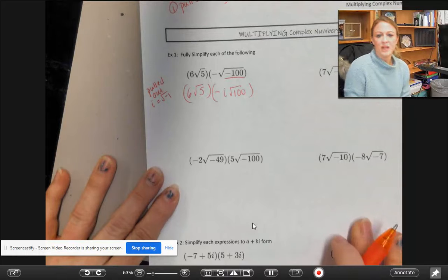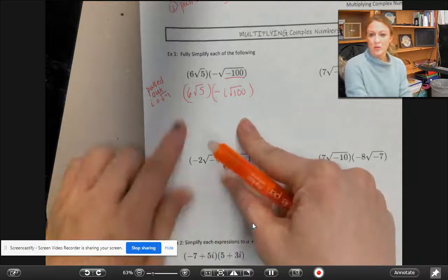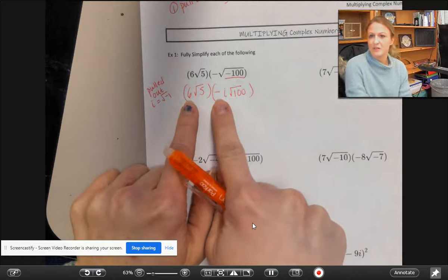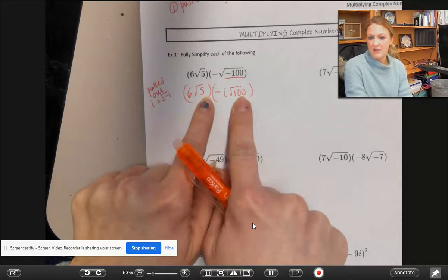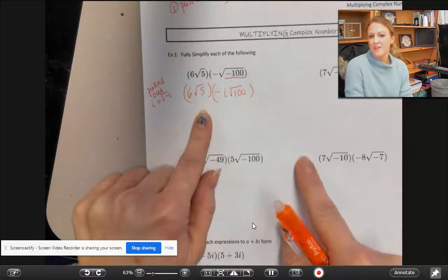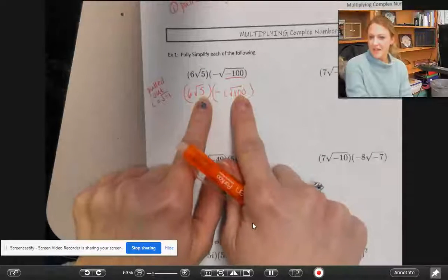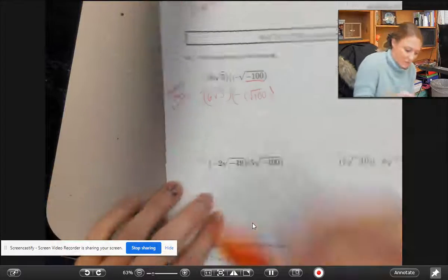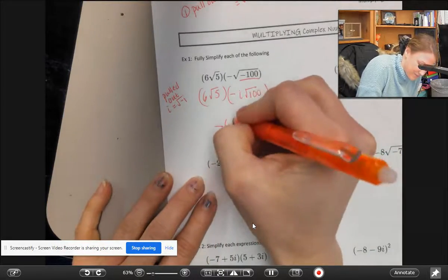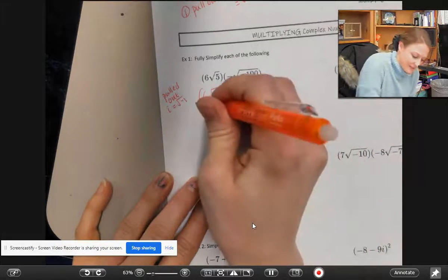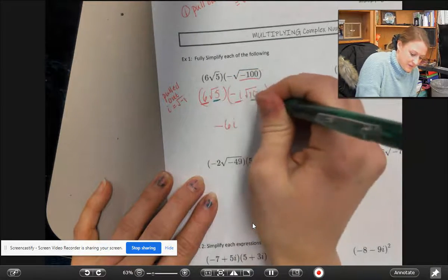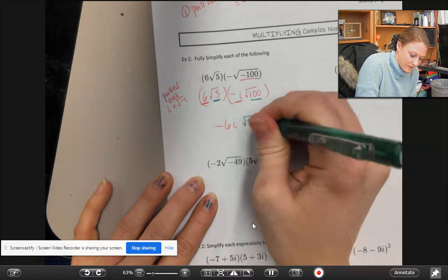Okay. And now what we're going to do is multiply. When we learn to multiply, you multiply the big numbers times the big numbers, those numbers that are out in front of your radical sign, and then radicals times radicals, and then you simplify after, because if you birthday cake them now, then multiply, you might have to birthday cake again. So what we have is -6i, this piece times this piece, and then we're going to multiply this piece times this piece, which would be the square root of 500.